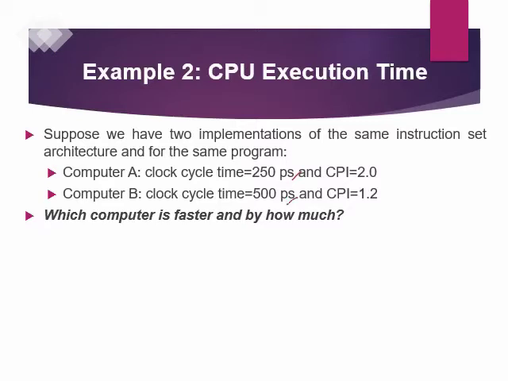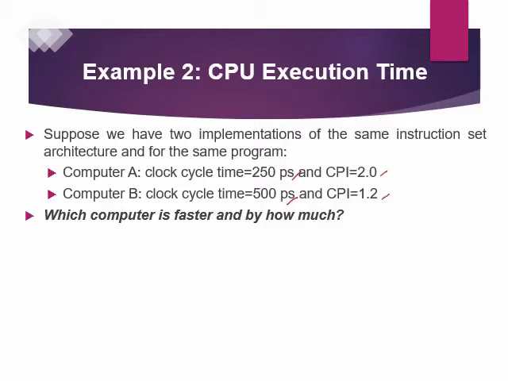So just in terms of clock cycle, which one is faster? A is faster because you only need 250 picoseconds per cycle. But yeah, in terms of instruction, computer A needs 2 clock cycles per instruction. Computer B needs 1.2.